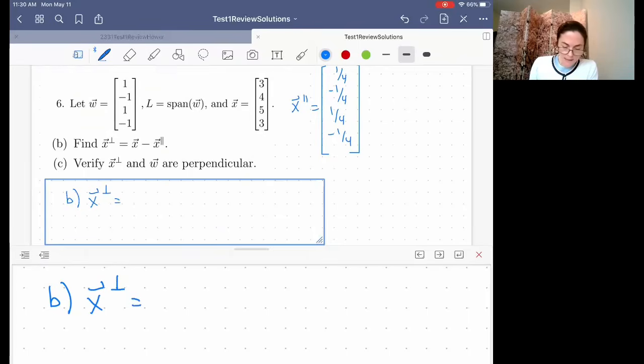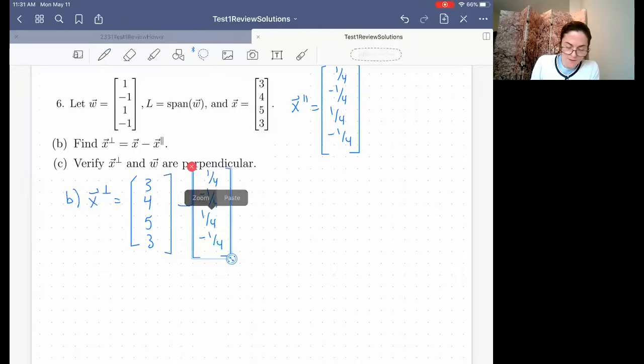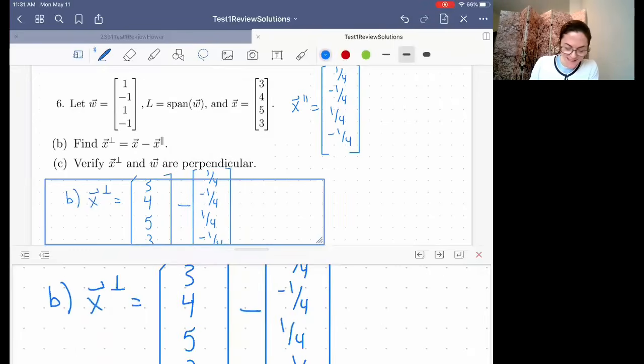And it's X. Let me write X. Which is 3, 4, 5, 3, and then minus, let's see if I still have it saved. Oh, okay, great. Minus this projection. Okay, so let's see what we get when we take this vector difference.